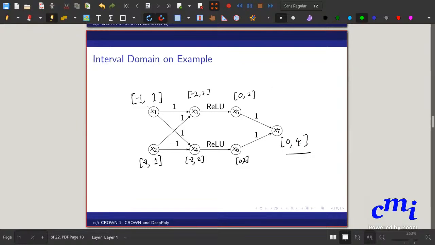On the other hand, this value 4 is not an actual value that can appear in the network, because the only way we can get 4 in x7 is if we get 2 in x5 and 2 in x6, which can only happen if we get 2 in x3 and 2 in x4. To get 2 in x3, x1 and x2 need to be 1 and 1, whereas to get 2 in x4, x1 and x2 need to be 1 and -1, right? So this is something that can't actually happen.